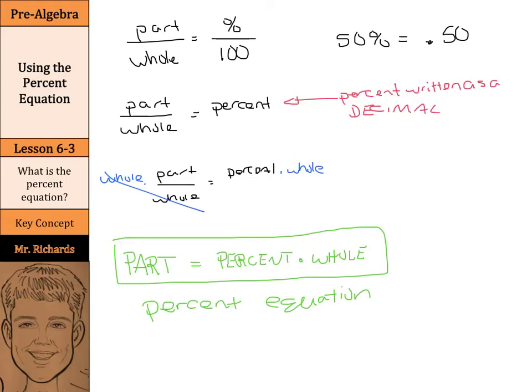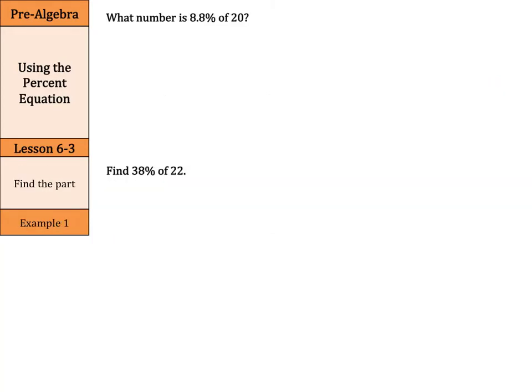So we can solve questions using a proportion or the equation, and this lesson is on solving the problems using the percent equation. So what if we want to find what number is 8 8/10% of 20? Let's remember that our percent equation is part equals percent times the whole.